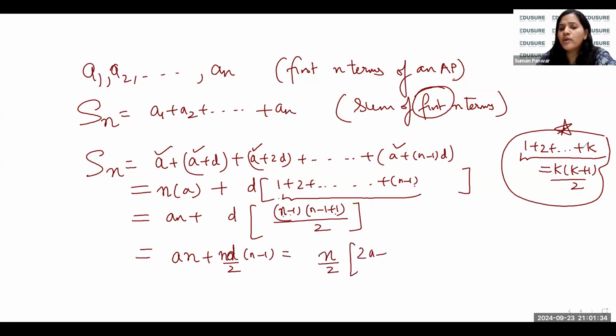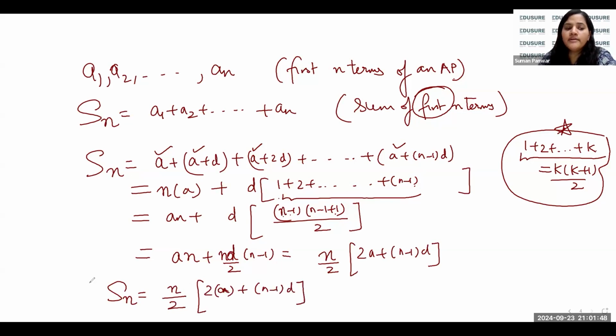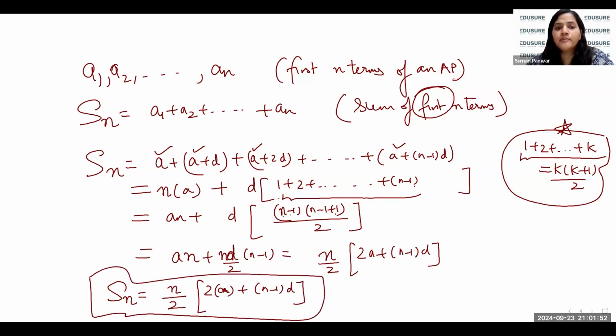We will have 2a plus n minus 1 d. So what is the sum of first n terms of an arithmetic progression? n by 2 times, 2 times the first term plus n minus 1 times the common difference. This is also a very, very important formula.